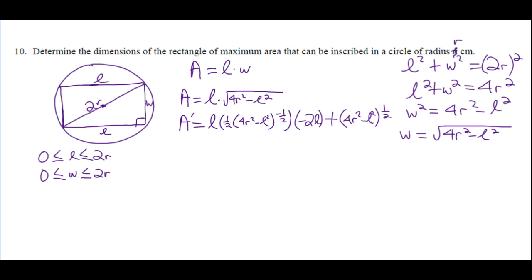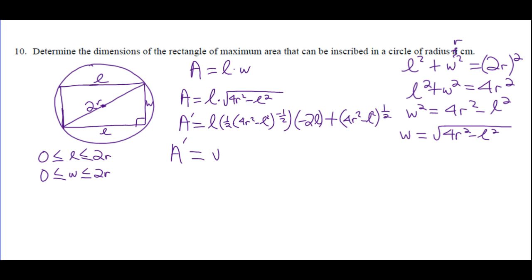Don't you have to multiply by 8R? No, because R is a constant. Remember, R is constant, so 4R squared is just a number like 5 or whatever, right? So we're not taking a derivative with respect to R, just with respect to L. So what's that give us? All right, so we got the half, negative 2L, so that's going to be a minus L squared.